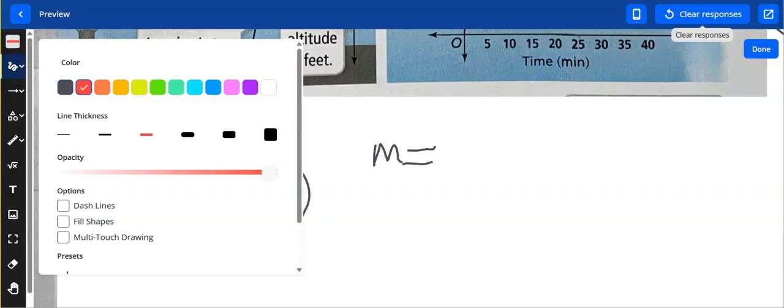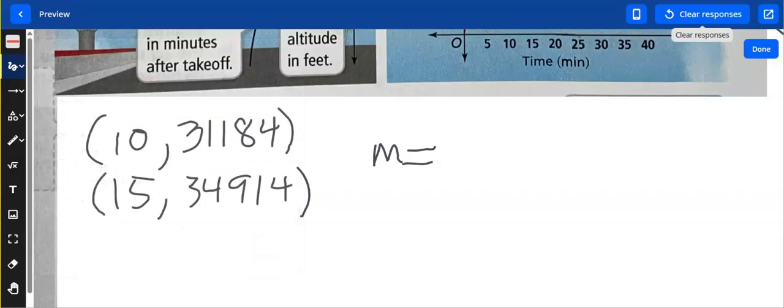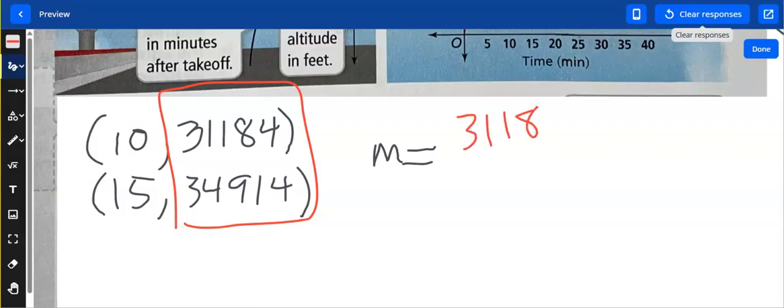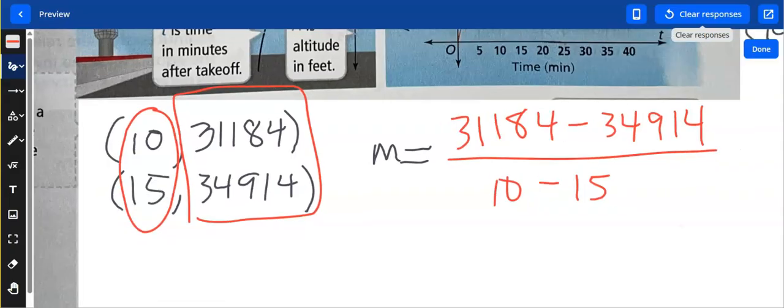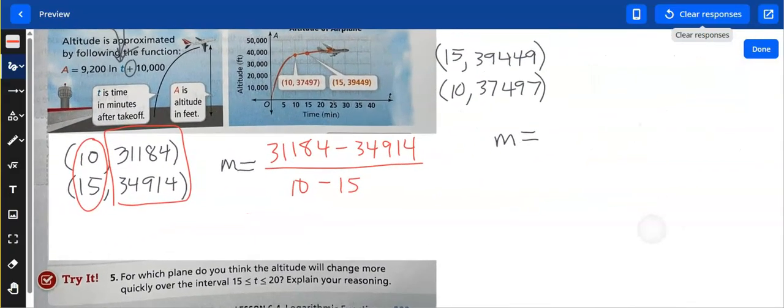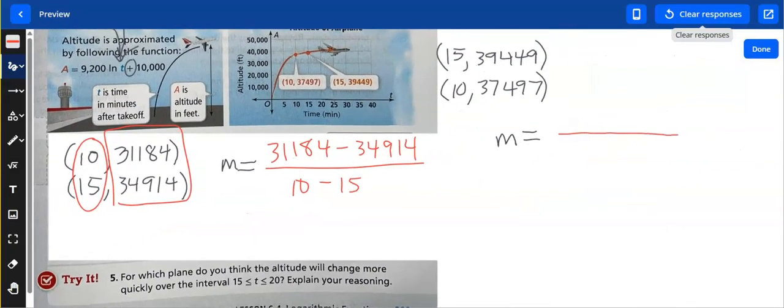Difference in the y values, minus the difference in the x values. I like to write them in a vertical fashion so we don't screw this up. The reason I like putting them vertically is so that we don't mix up x's and y's. And then obviously you want to do the same thing on the other one.